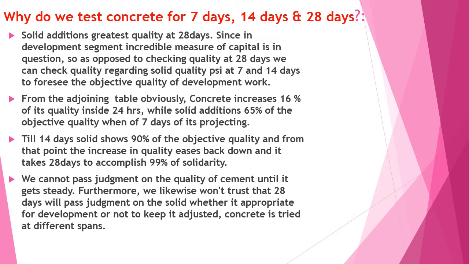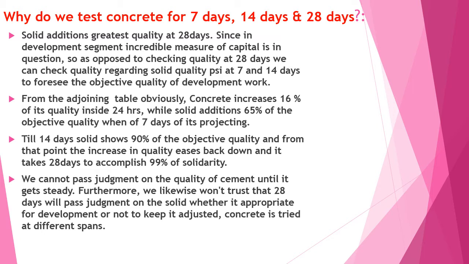We cannot judge the quality of concrete until it gets steady. Furthermore, we also won't wait for 28 days to judge whether the concrete is appropriate for the construction or not.